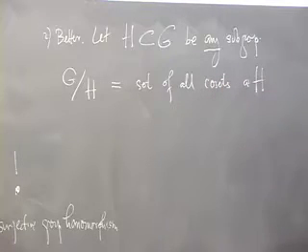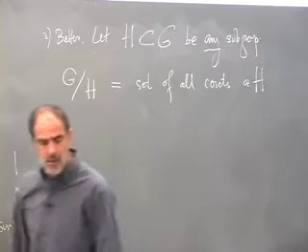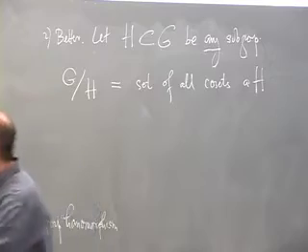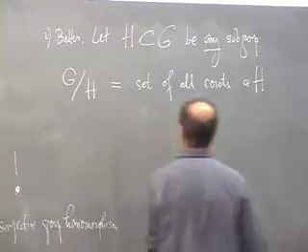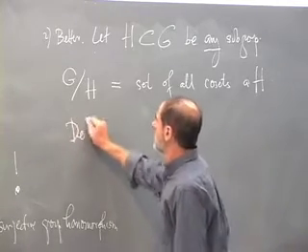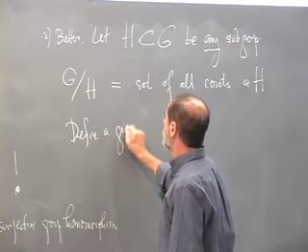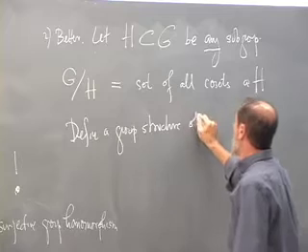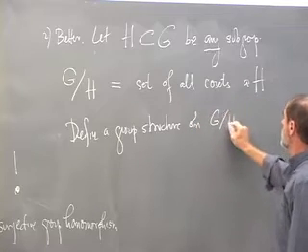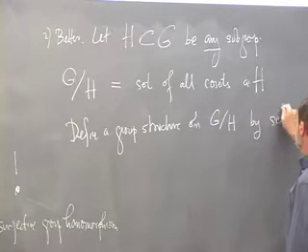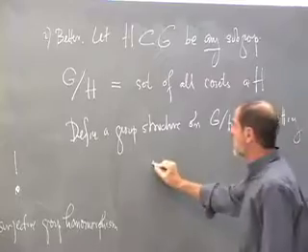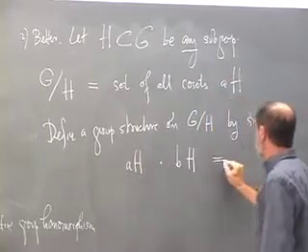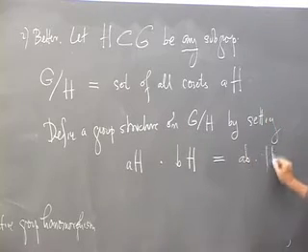That's a good set. We've defined that for any subgroup now. We know what a coset is. That gives a partition of G. Define a group structure on G mod H by setting the product aH times the coset bH to be the coset of abH.